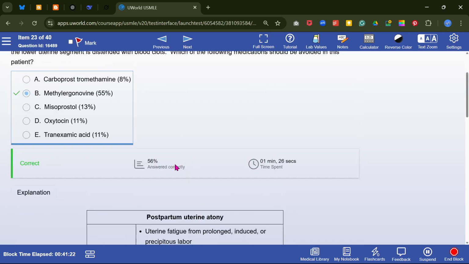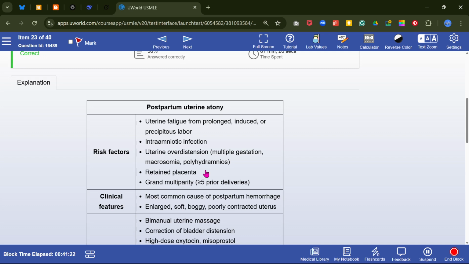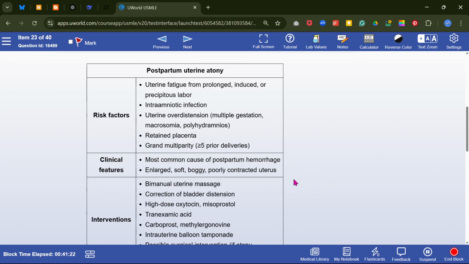Like methylergonovine. In our country, ergometrine is actually used. Methylergonovine is kind of the same generic component, but in our country, ergometrine. Ergometrine causes continuous uterine contraction and thus it decreases bleeding.